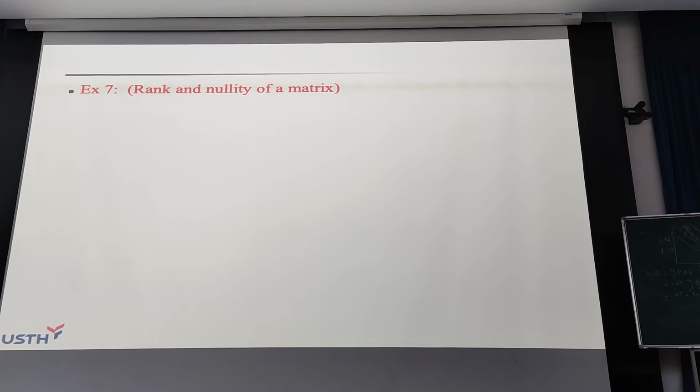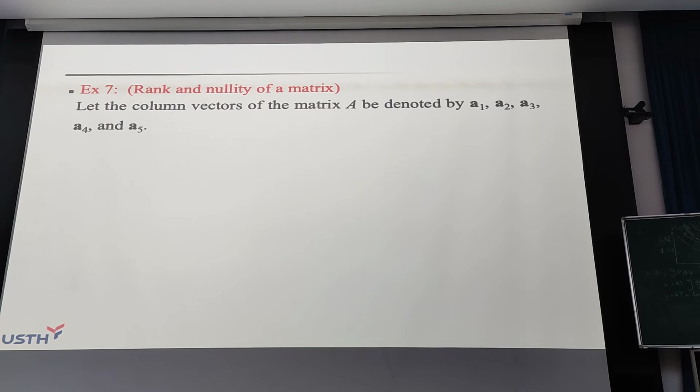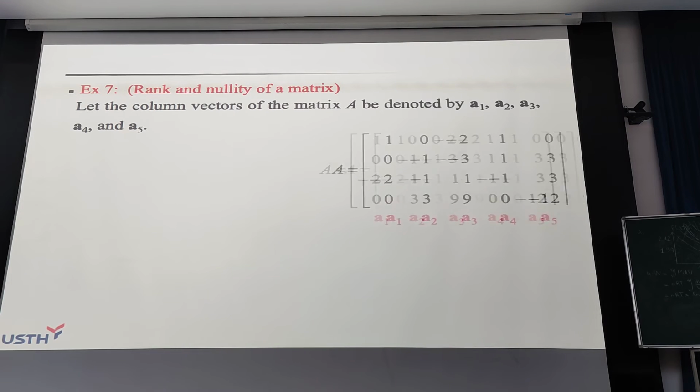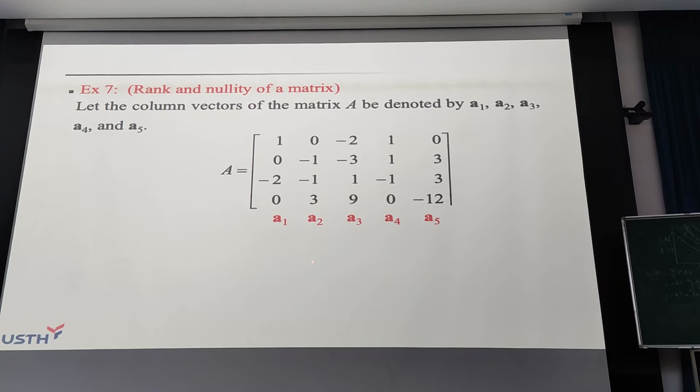Here are some examples for you. Suppose that we denote the column vectors of matrix A by A1, A2, up to A5. Then you are required to find the rank and the nullity of A. That is the first thing.